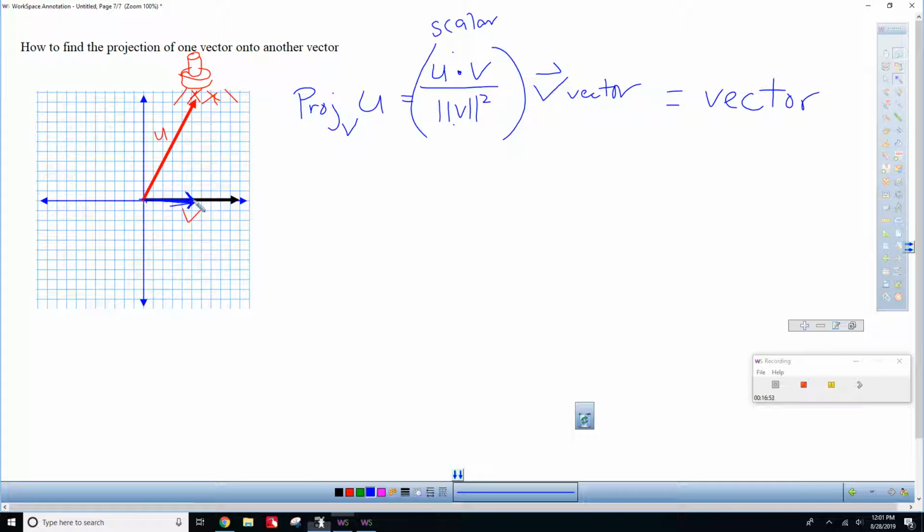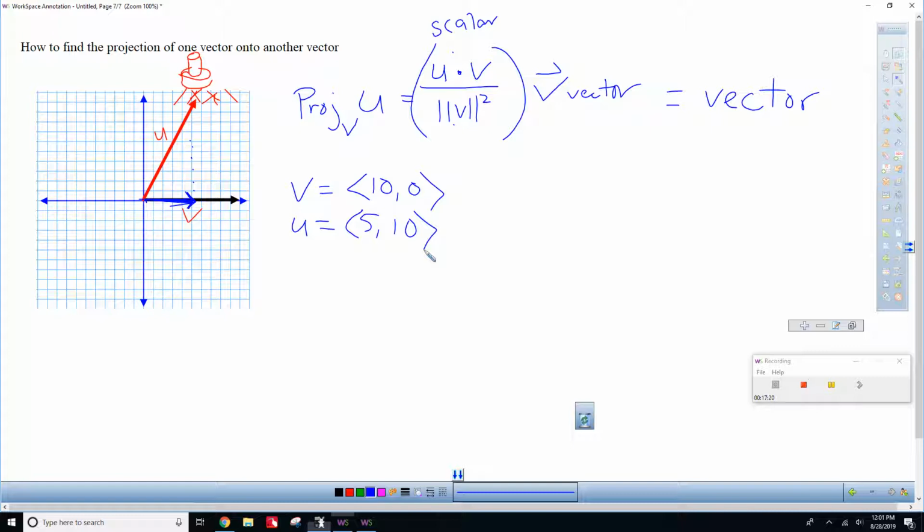So let me show you how to do it. Let's say that the black vector V is 10, 0. And let's say that the red vector U is 5, 10, even though ours is a little off, but you still get the visual.